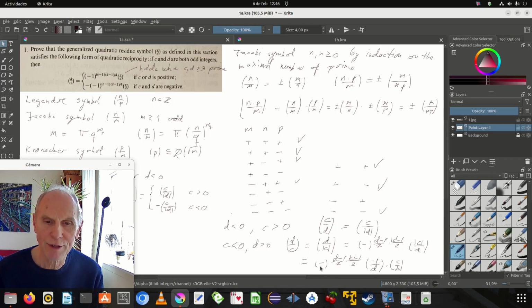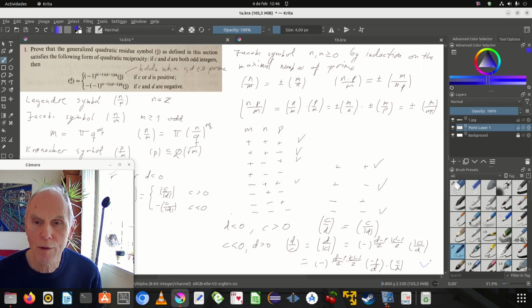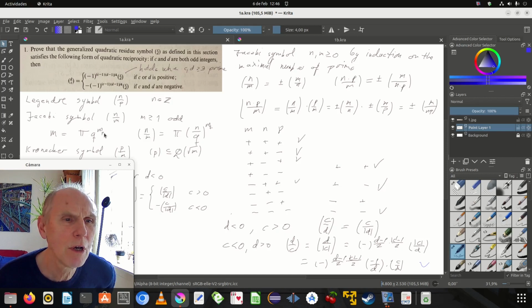So that means that we end up with the right formula. So that was an affirmation. And that actually finishes the proof of the reciprocity for the Jacobi symbol.